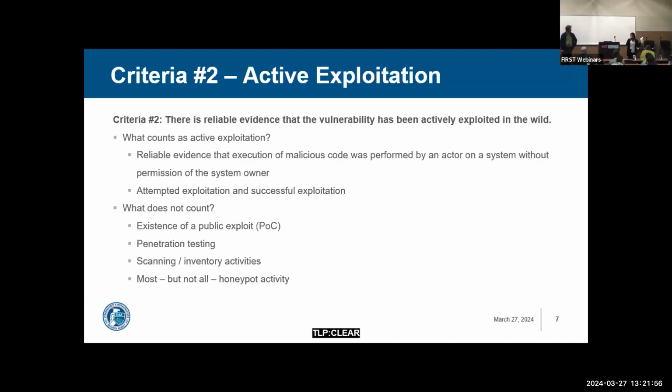I want to make sure that everybody understands that Binding Operational Directive 22-01 has no time bounding at all in it. So it does introduce a little bit of weirdness sometimes. Wiggle room, but most of the time when you see something on the KEV, it's current. Every time you see something on the KEV, we have current belief and evidence.